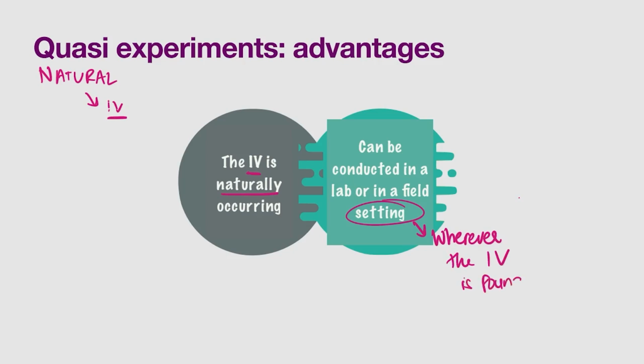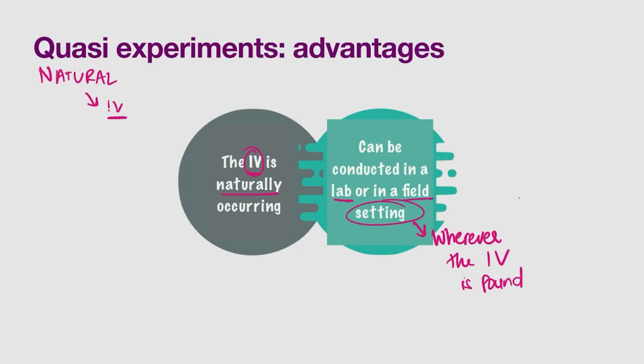So in the example of Baron Cohen that I provided earlier, Baron Cohen could conduct his experiment in a lab because high-functioning autism or Asperger's syndrome was present in the participants that chose to volunteer for his study. But in the earlier example of you as a researcher studying the effects of heat as your independent variable on athletes, you would obviously then just go to a field setting because your heat or the IV would only be accessible to you in an outdoor sports ground or playing ground, right?